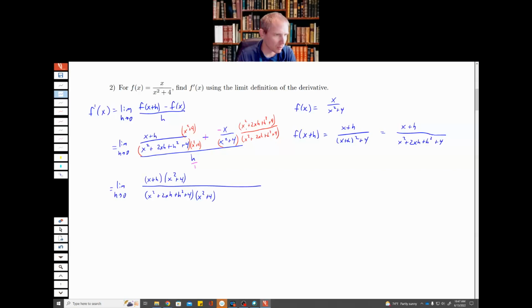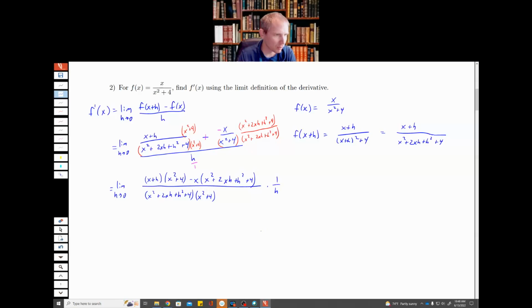And since we got a common denominator with this other one, we can combine those together. So I have minus x times x squared plus 2xh plus h squared plus 4, right? It's over the same denominator, so we can just subtract them over that common denominator. And then instead of dividing by h over 1, I multiply by 1 over h.